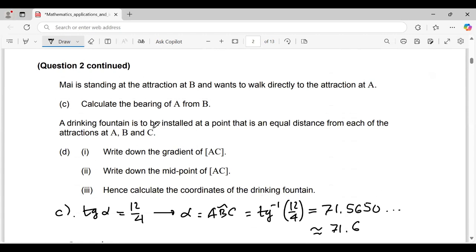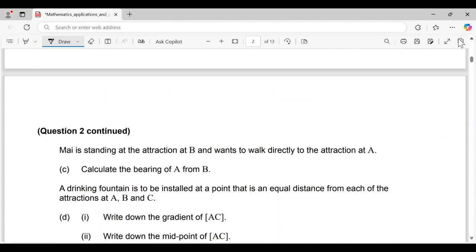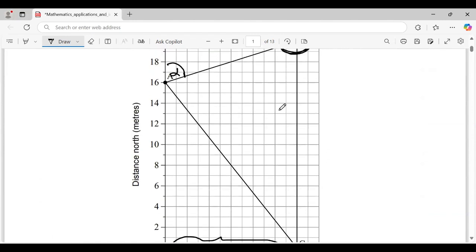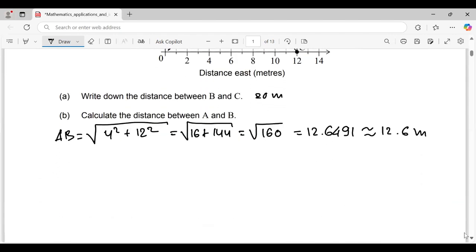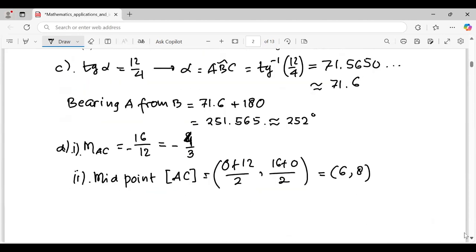A drinking fountain is to be installed at a point that is an equal distance from each of the attractions at A, B, and C. It means we need to find the coordinate point that has the same distance from A, B, and C.